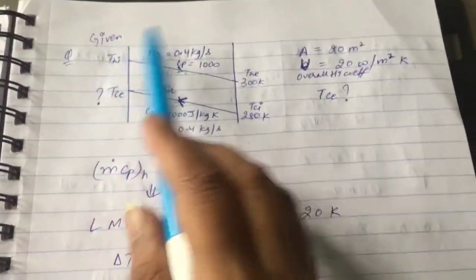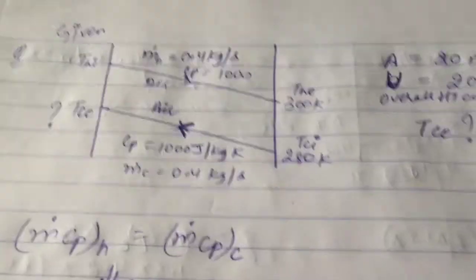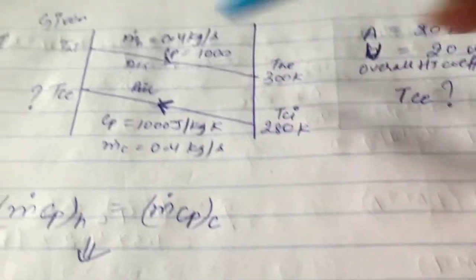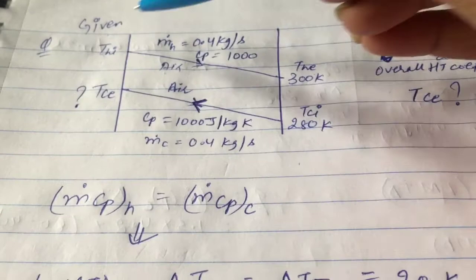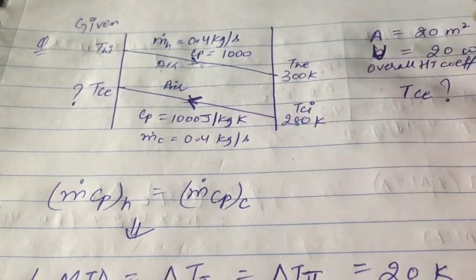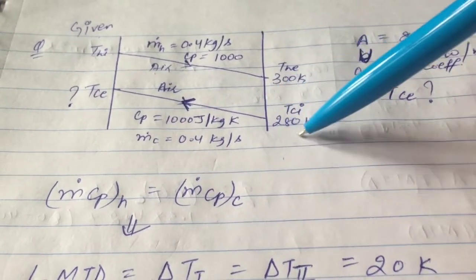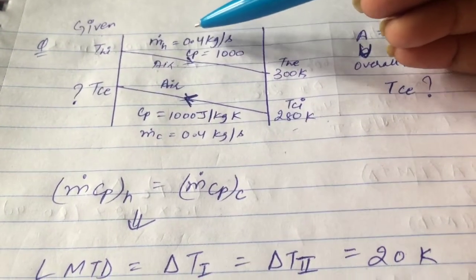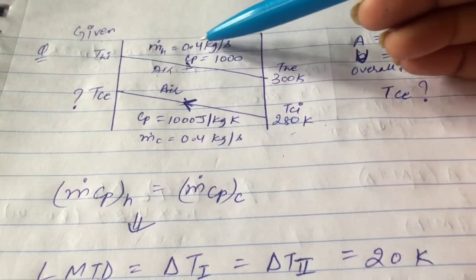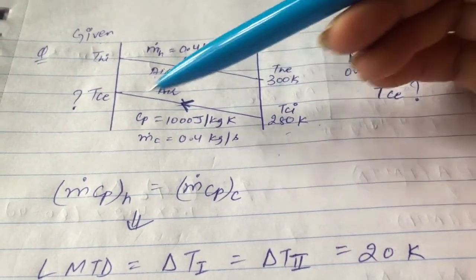Next question, all this information is given to us. We can see from the diagram it is counter flow. Hot fluid inlet we don't know, but hot fluid exit we know is at 300 Kelvin and cold fluid inlet is 280 Kelvin. Cold fluid exit we don't know. Mass flow rate for hot fluid is 0.4 kg per second and Cp is 1000.